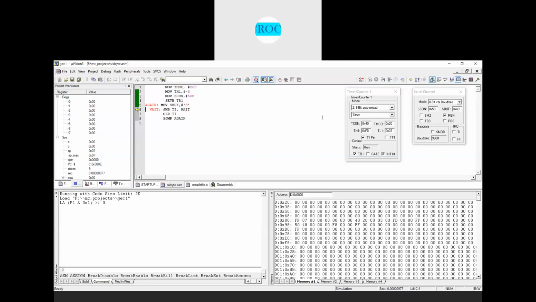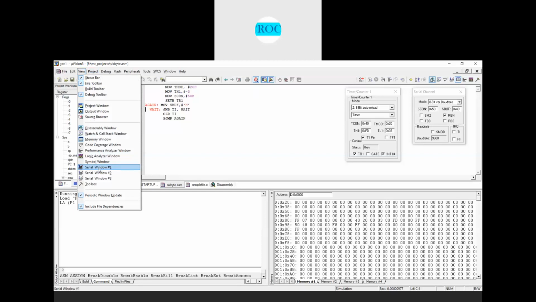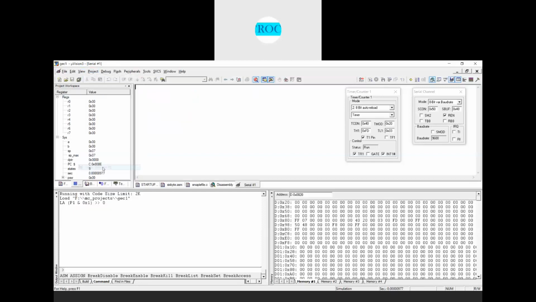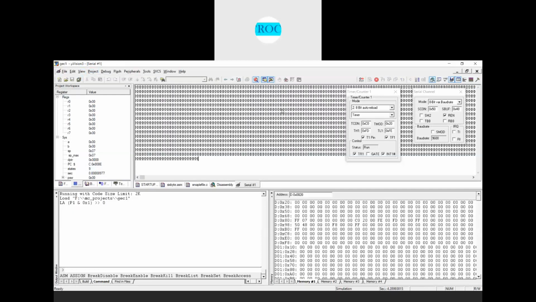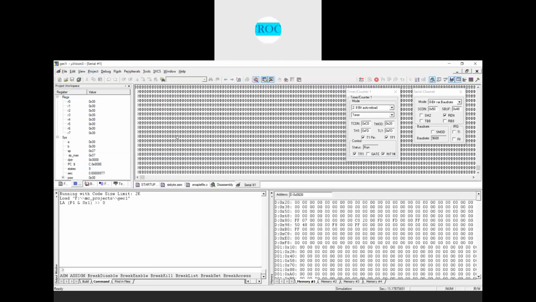Now I can run this and keep on running. Now you can go to the UART mode, which is the serial window mode here. This is the serial window. I'll run this so that you can see the H being transmitted serially here, right?